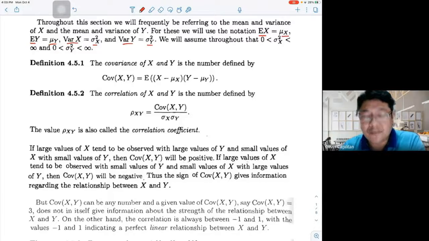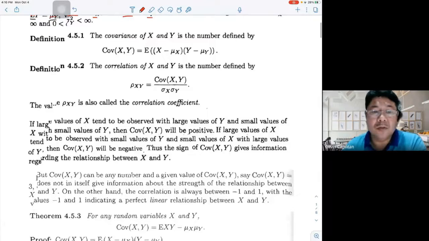It is equal to the covariance of x and y for our numerator, divided by the product of the standard deviations of x and y in our denominator. The value rho of xy is also called the correlation coefficient.